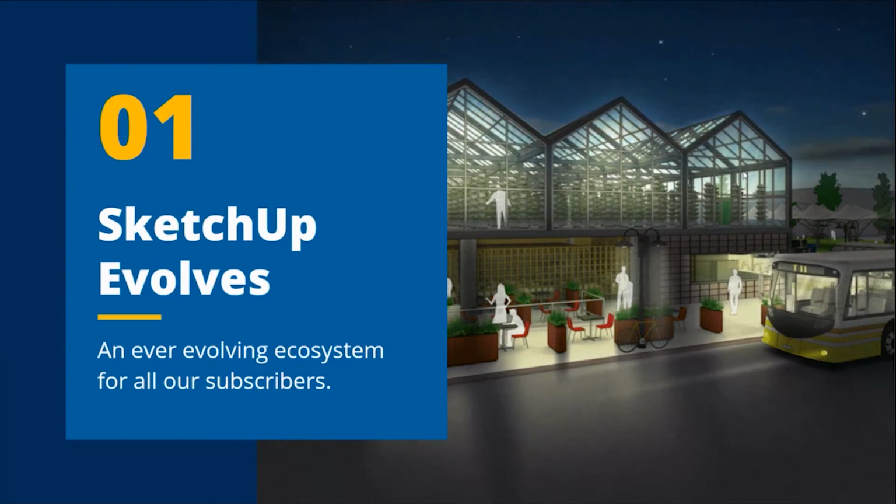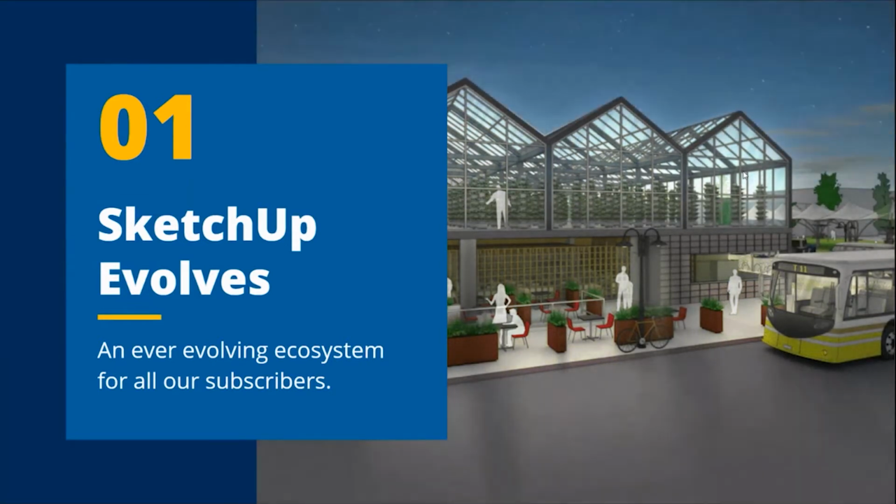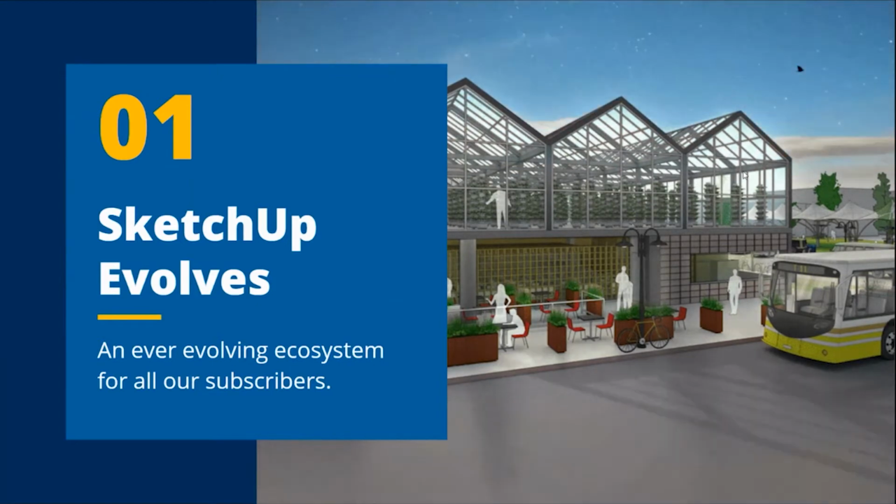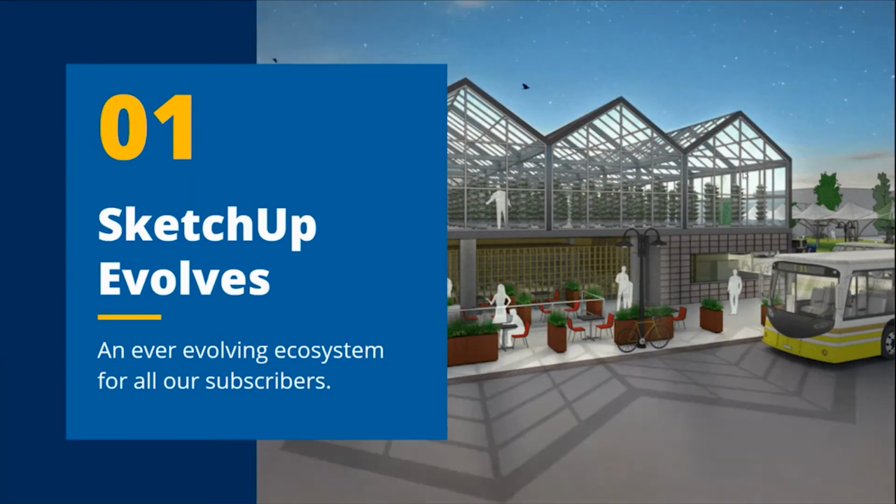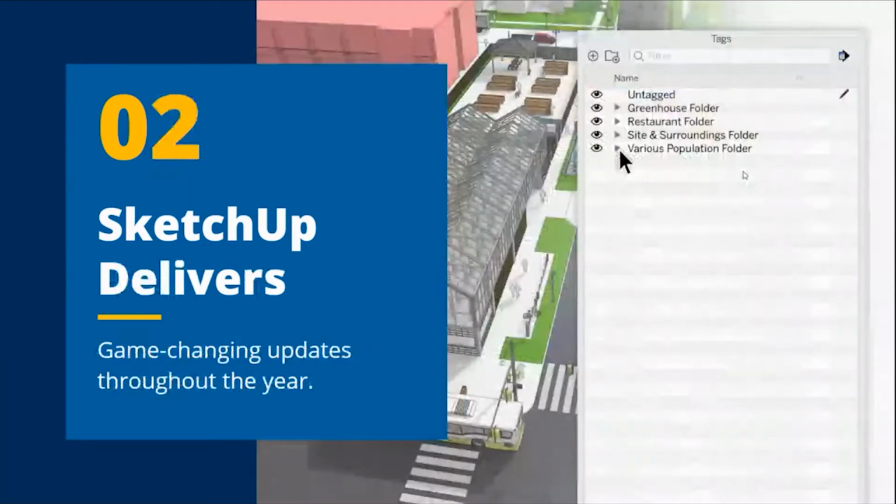Since 2019, we have expanded that ecosystem to include our SketchUp viewers, SketchUp for Web, Trimble Connect, and an overall of 11 products. So this is a continuous value that we want to offer to all our customers.